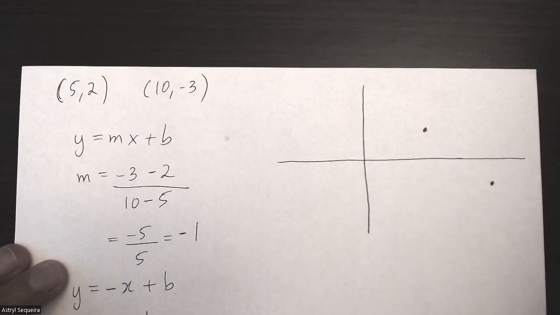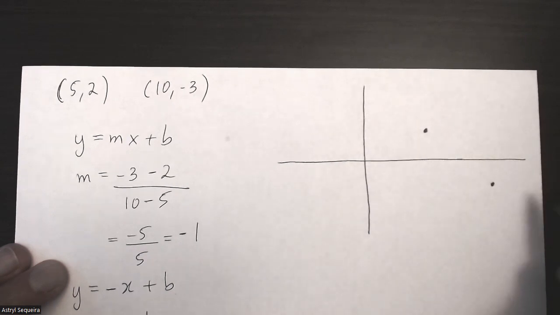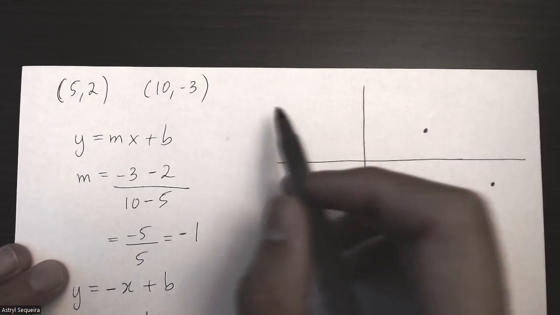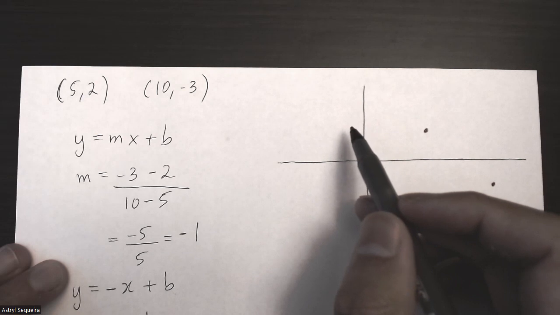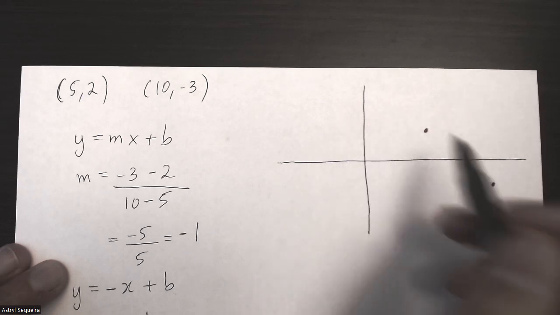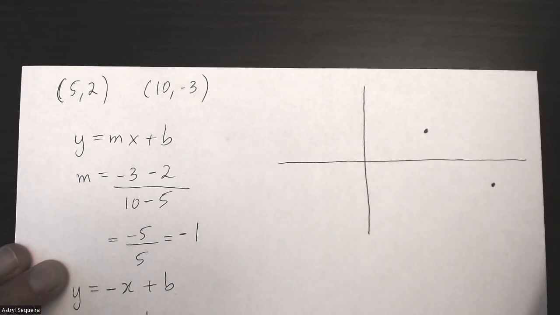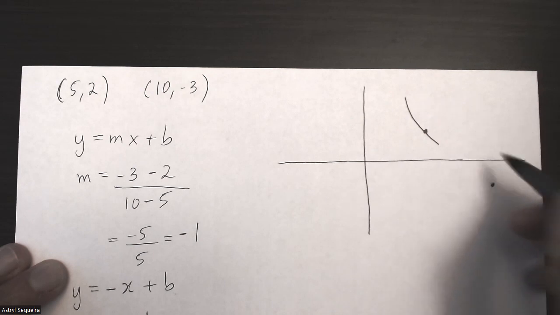So if I'm drawing an exponential function, there's a couple of ways you could do it. I could draw an exponential function like that, or I could also draw one going like that as well. I'm just going to do it like this over here.